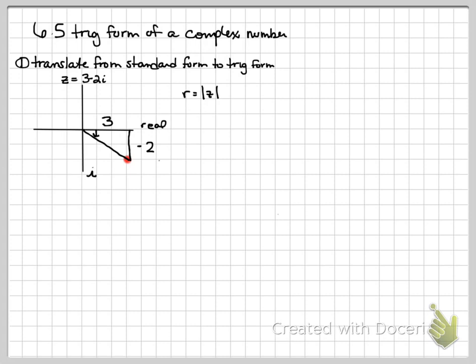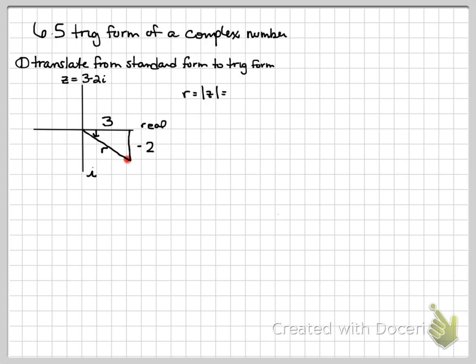And these are not things that are new to you. This is just a different way to look at it. So the first thing I'm going to do is find my r. And this is that r right there.